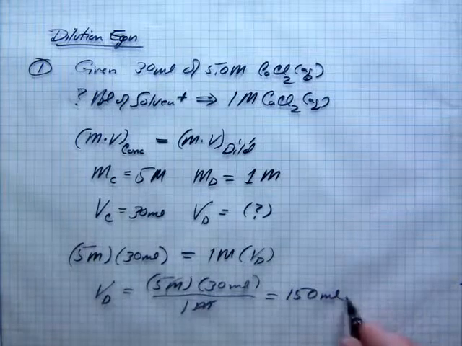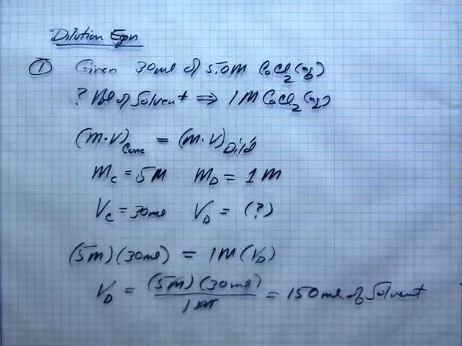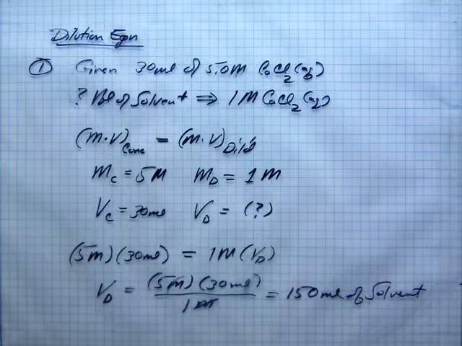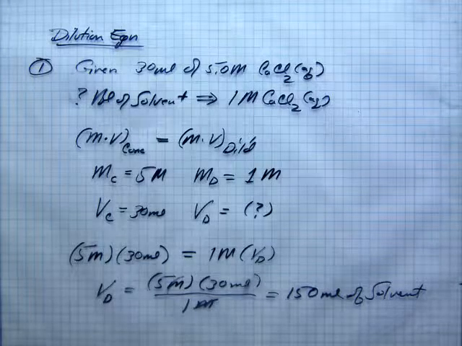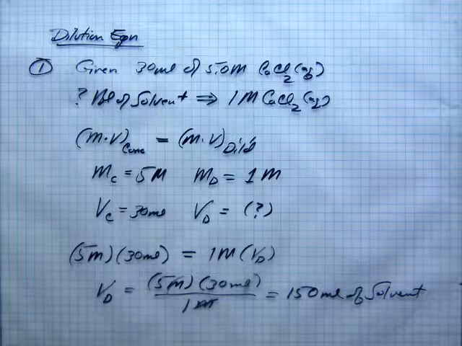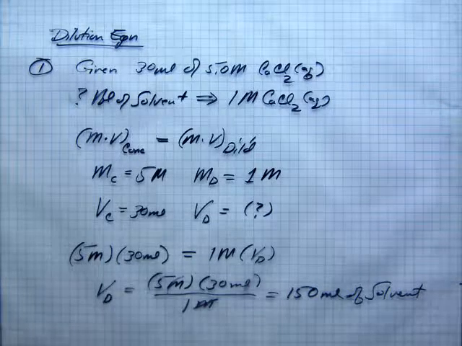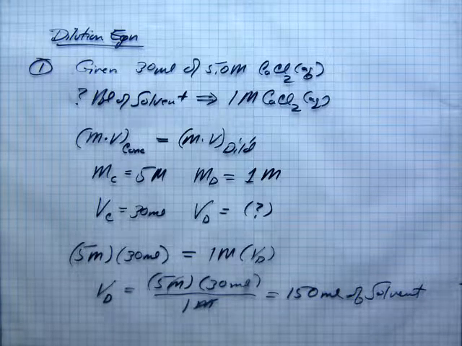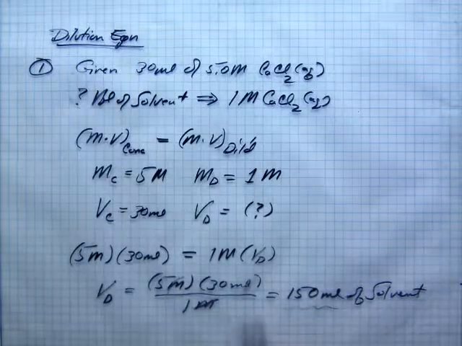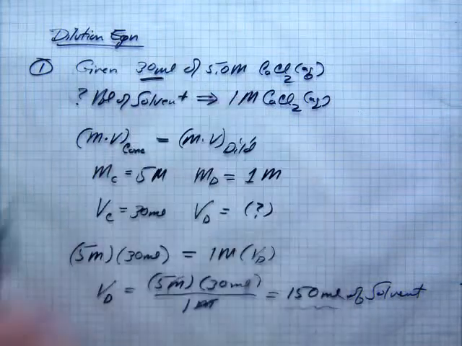So 150 milliliters of solvent will dilute the 30 milliliters of 5 molar to a final concentration of 1 molar. Now here's one thing you may not be seeing in there. What's your final volume? This equation tells you how much of the solvent you pour onto the existing solution. Well, the existing solution is already at 30 milliliters.